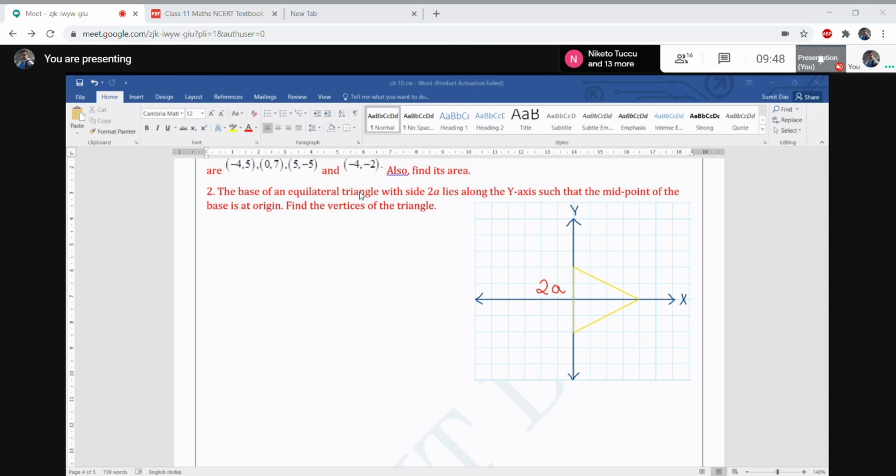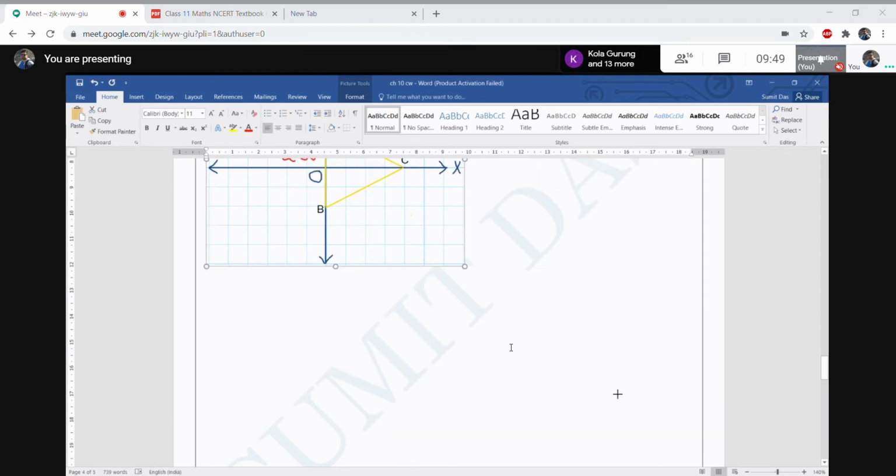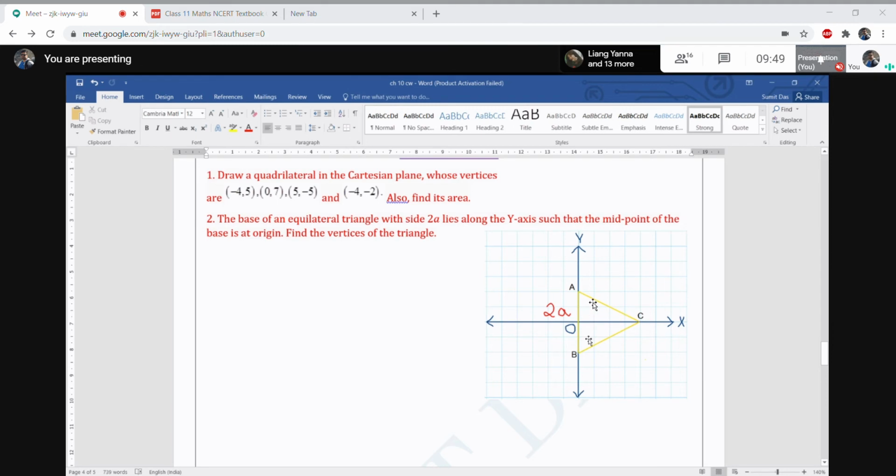A, B, C. So if this is the one, what is the coordinate of A?